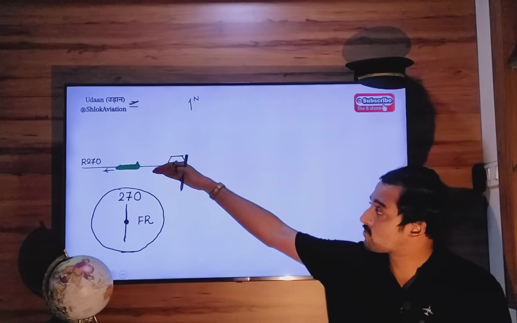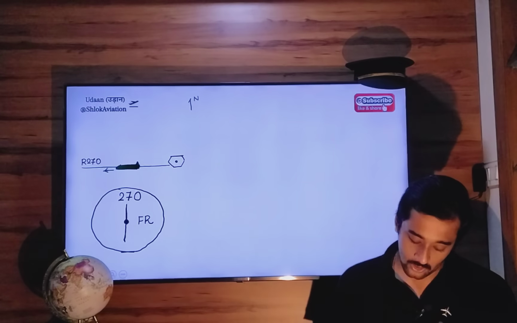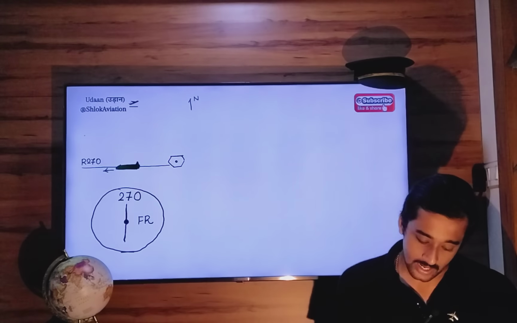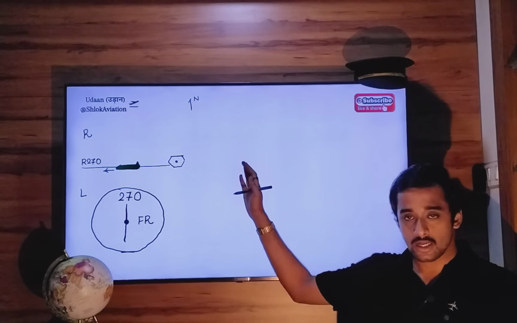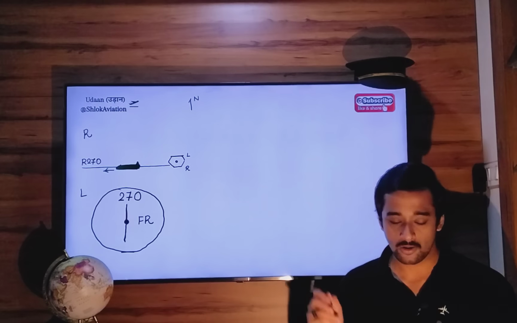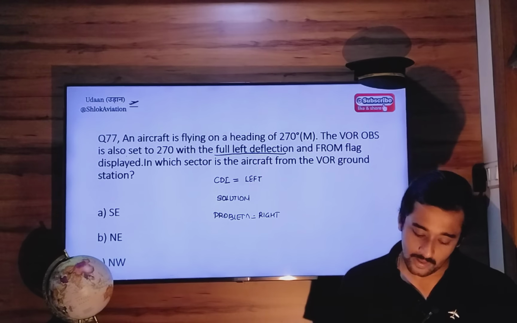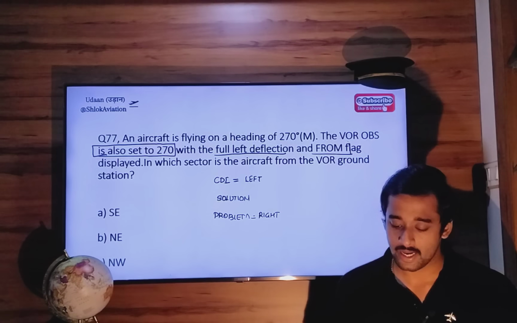So the right hand side of this is this side. Going outbound, this is your right hand side, this is your left hand side. Going inbound, this becomes your left, this becomes your right. But now we are flying outbound, because OBS is set to 270 and you are getting a FROM indication.